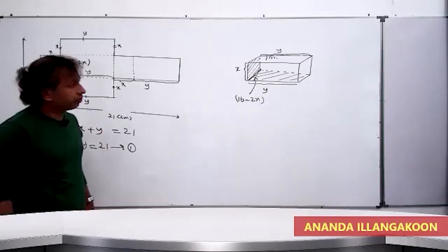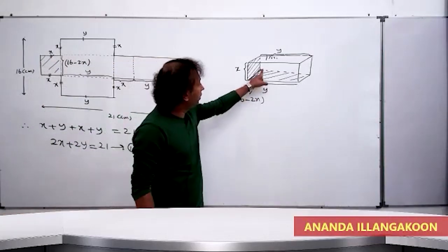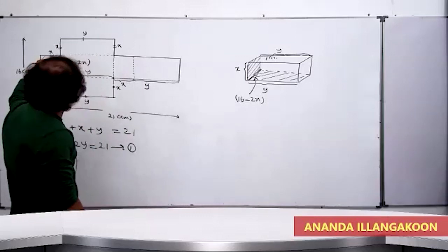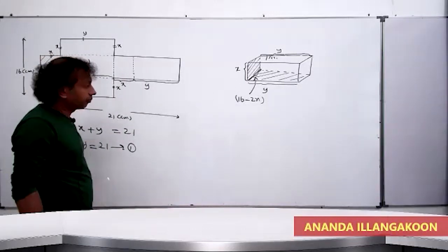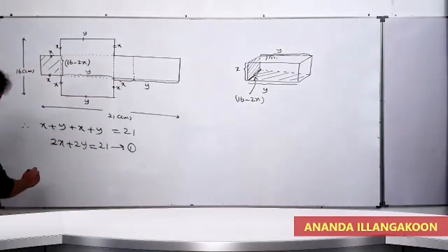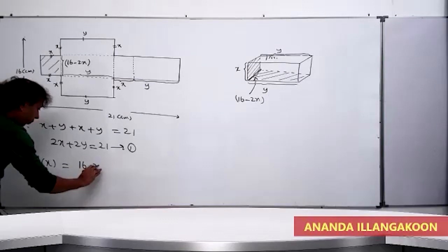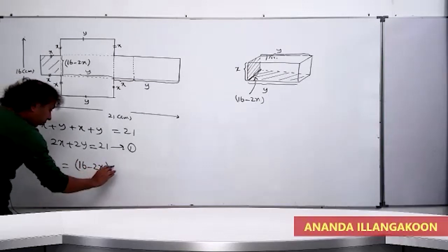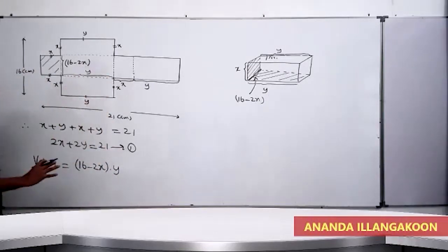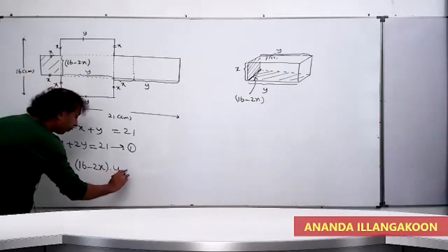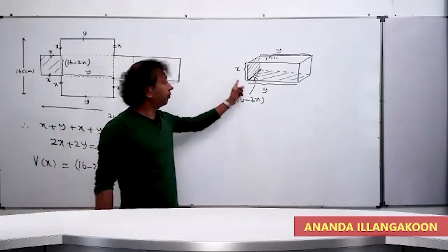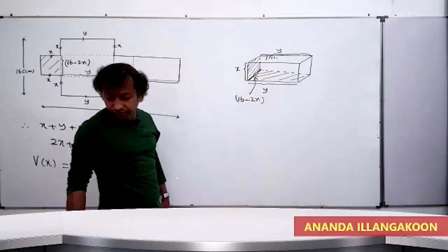What is the base area? This is 16 minus 2x, this part, no? And this is y. And then the volume Vx given, base area 16 minus 2x into y into height x. Okay, height is x. Right, we got that.